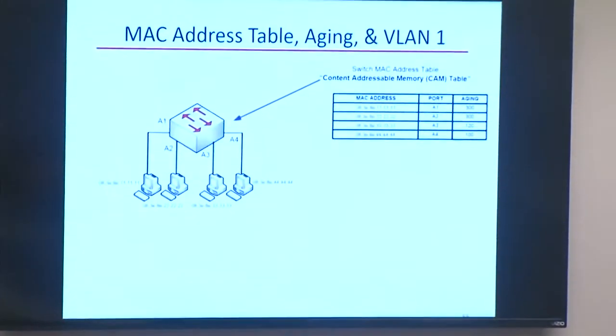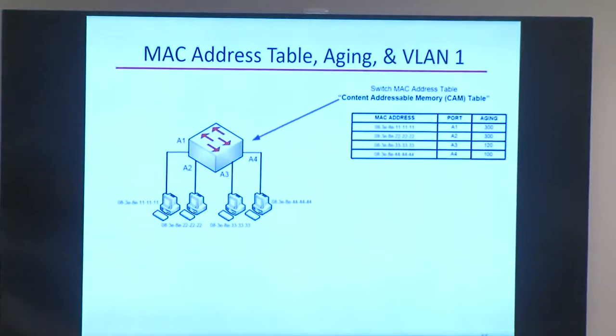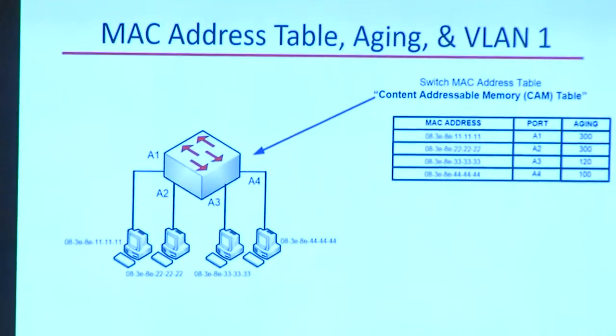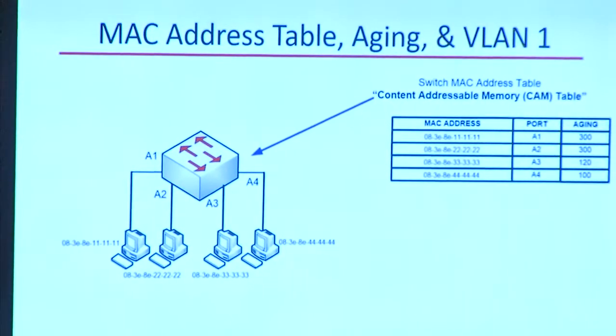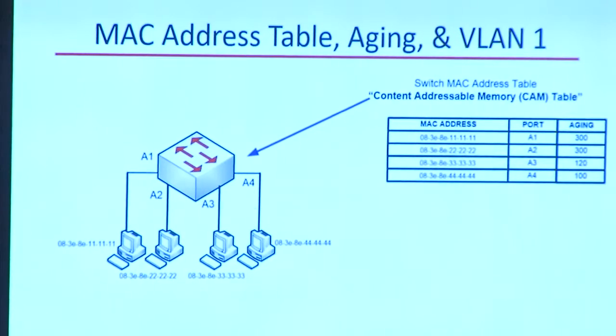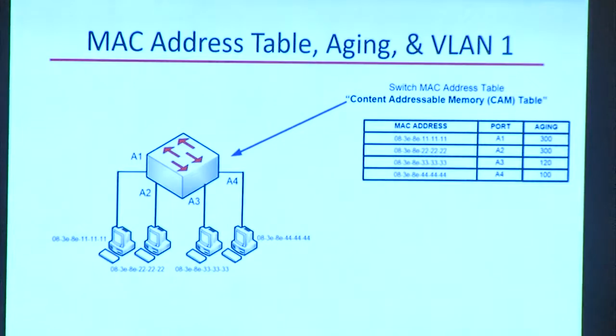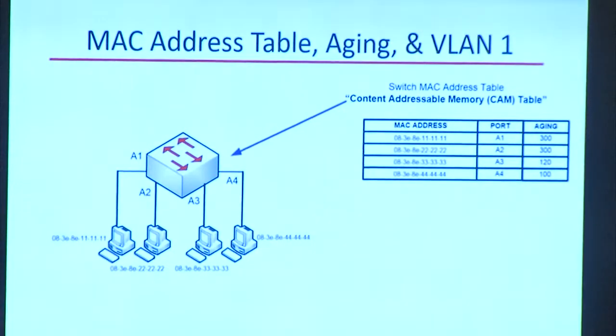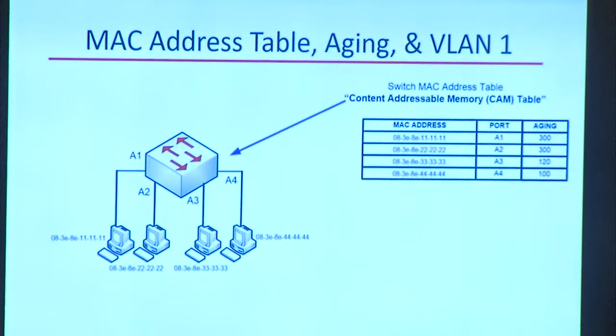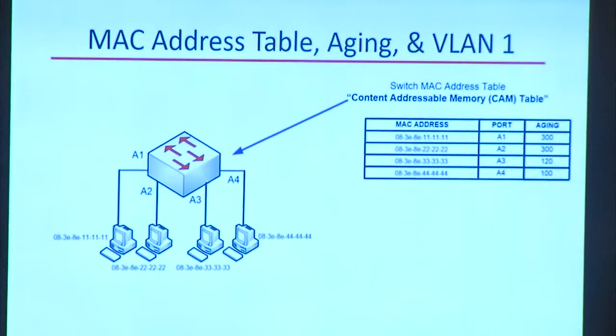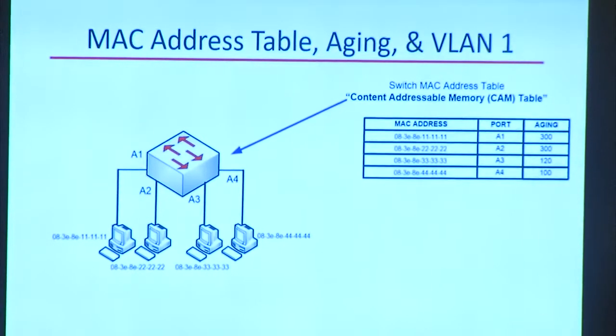So again, we build a MAC address table, or a CAM table, as we call it. Typically, it's going to have a MAC address and a port. It's also going to have an aging metric associated with it, which is basically a timer that says how long that MAC address will remain in the table.